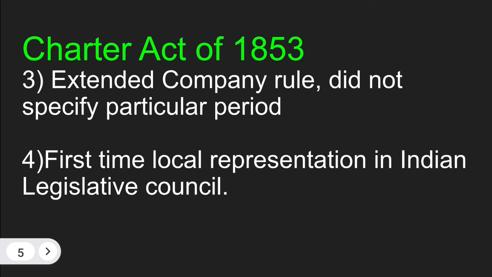There were to be a total of six legislative members of the Governor General's Council, and out of these six, four members were to be appointed by local governments, that is, provincial governments. These four representatives were from the provincial governments of Madras, Bombay, Bengal, and Agra. So this is also pertinent from an exam perspective.